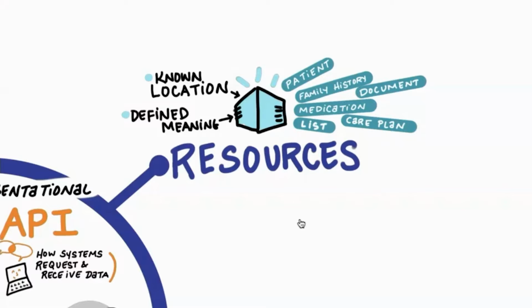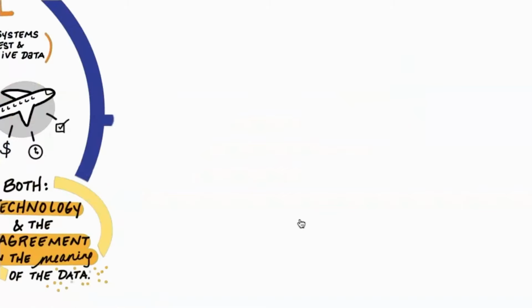There are some resources that are not data, but are infrastructure resources. So the list resource allows you to build a list of patients, a list of medications, a list of problems. And there are other resources that have to do with specifying the rules that you use in a FHIR implementation. We're not going to talk about those today. We're just going to stick to the concept of the data, the resources that can represent data.